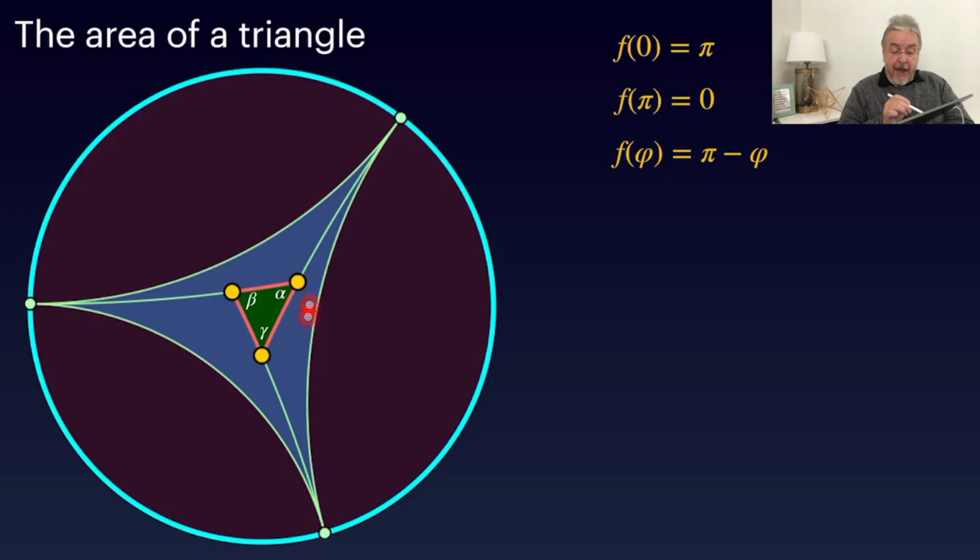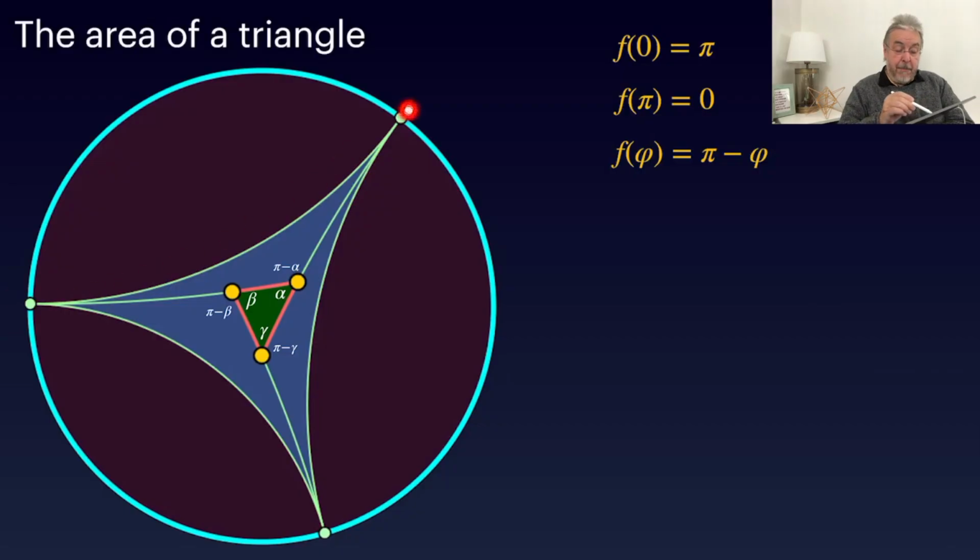And now assume we have a green triangle here with angles alpha, beta, and gamma, and consider the following figure that I've drawn here. So you take this side here and in one direction extend it until it meets infinity, and you do that for all the three triangle sides.